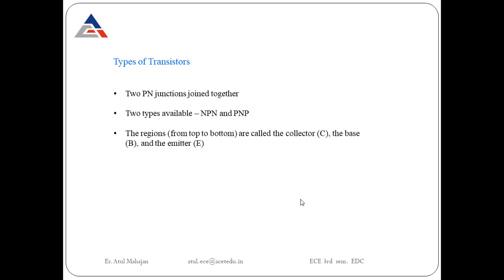The collector has a large size, and the number of charge carriers is moderate. The current that flows inside the collector junction is because of the majority concentration of electrons or holes which are transferred in majority from the emitter towards the collector.